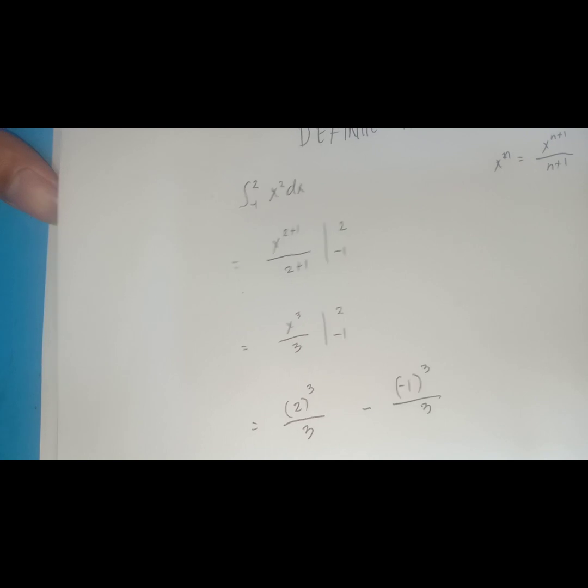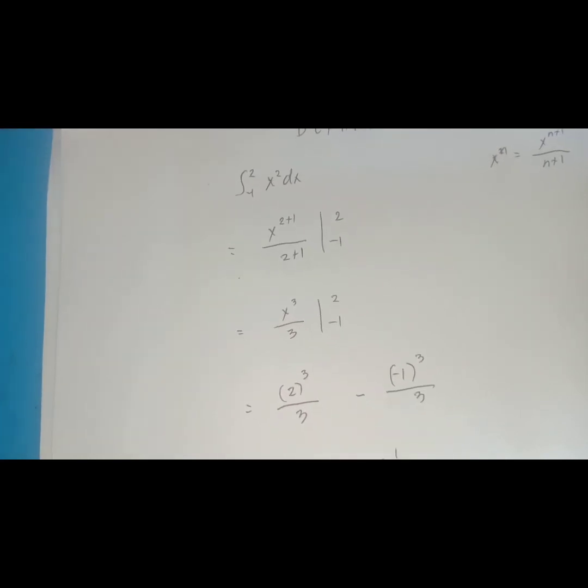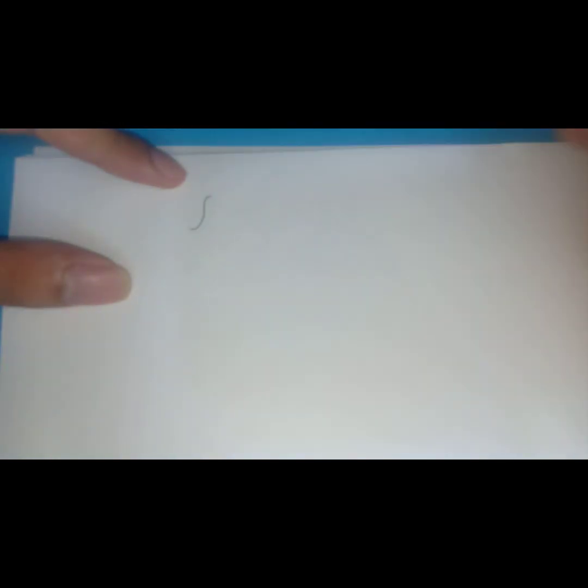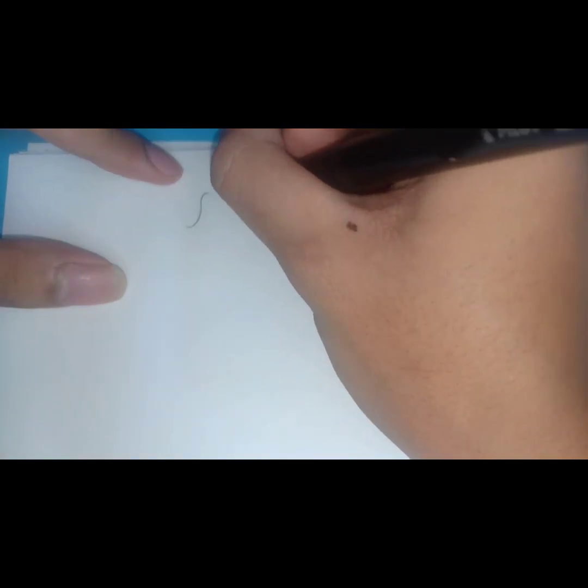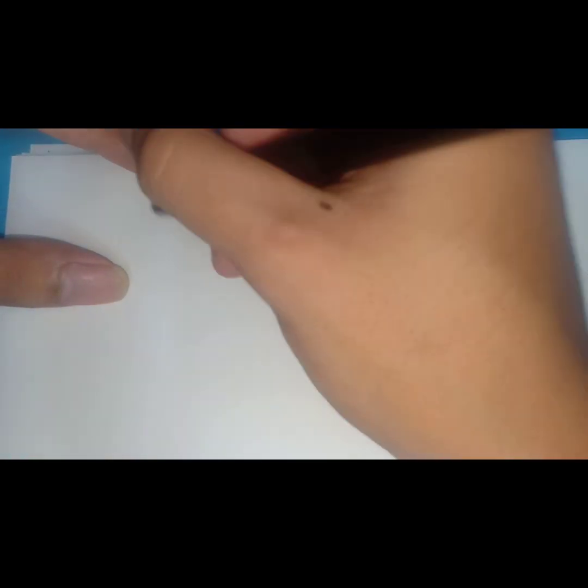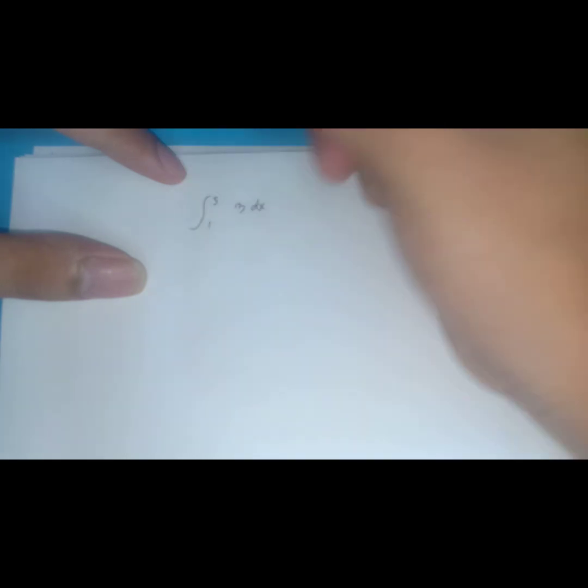So we're about to proceed to the constant rule. Let's take for example the antiderivative of 3dx evaluated from 1 to 5.